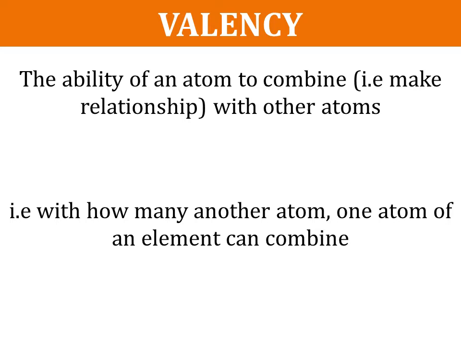That is, with how many other atoms one atom of an element can combine, that means one atom of an element can make a relationship with how many other atoms.